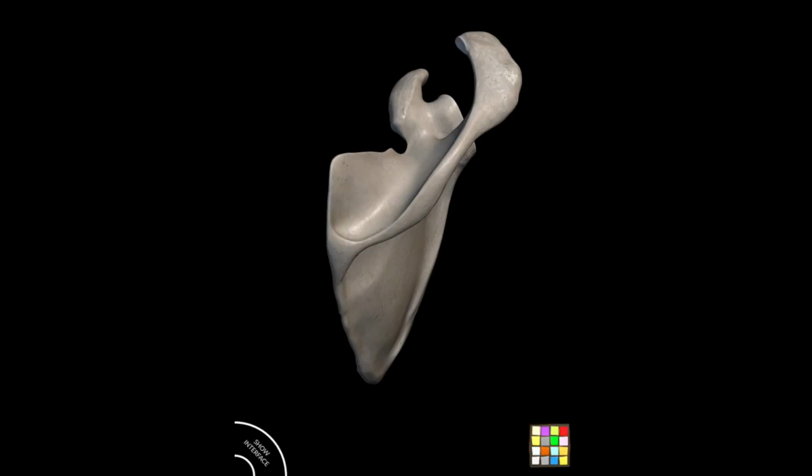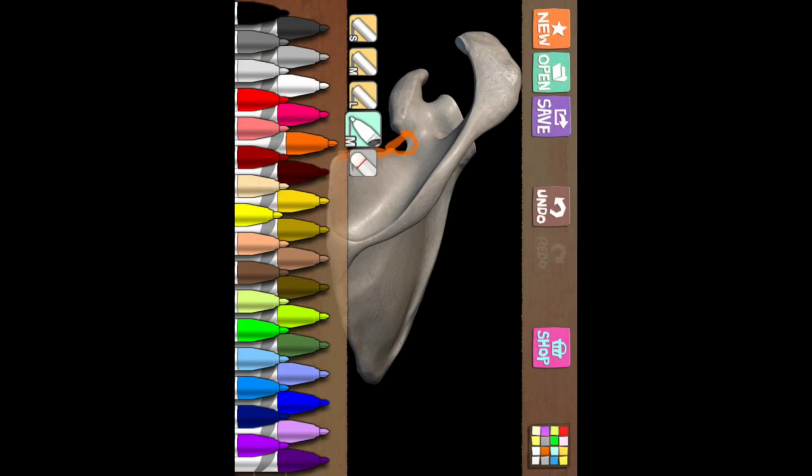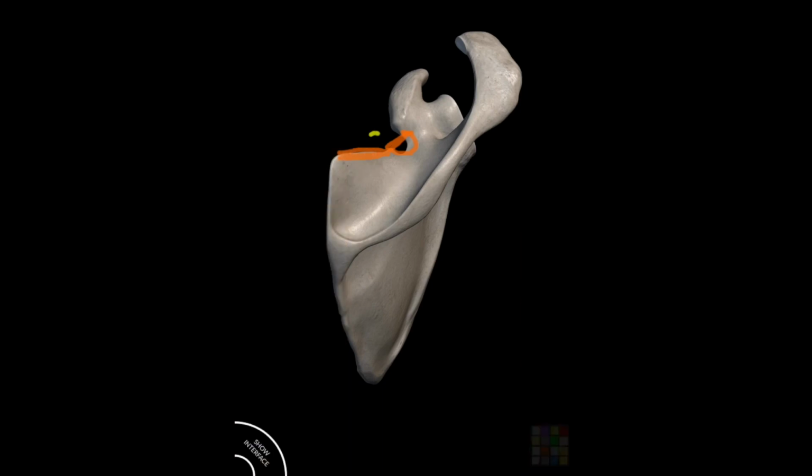We'll take the opportunity. So superior surface here, scapular notch or suprascapular notch, suprascapular ligament, and now suprascapular foramen, and here comes the suprascapular nerve underneath the ligament through the foramen and gaining access to the supraspinous fossa.